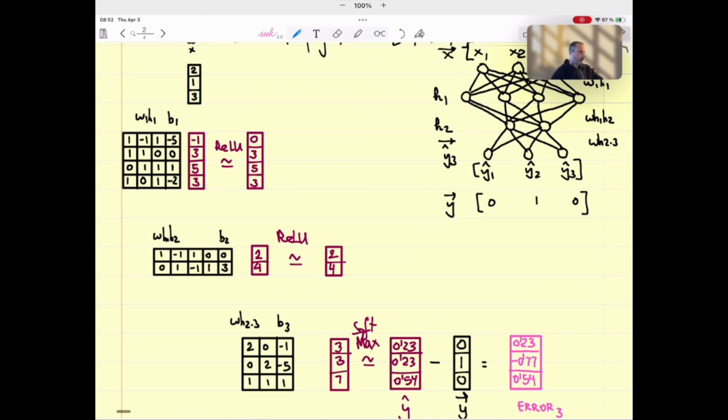Please. No, you don't have to do ReLU. You do ReLU only in the intermediate layers.